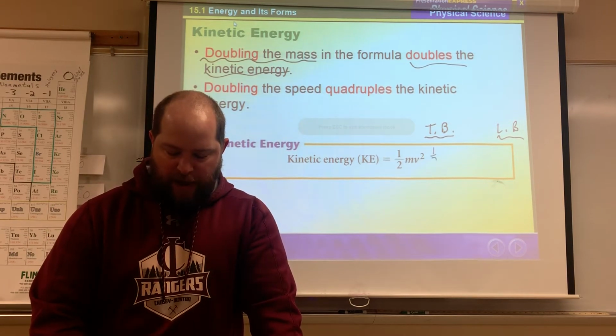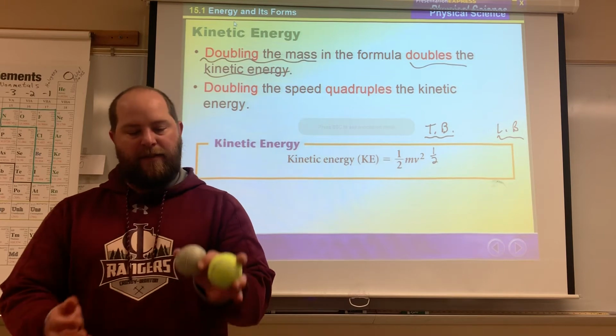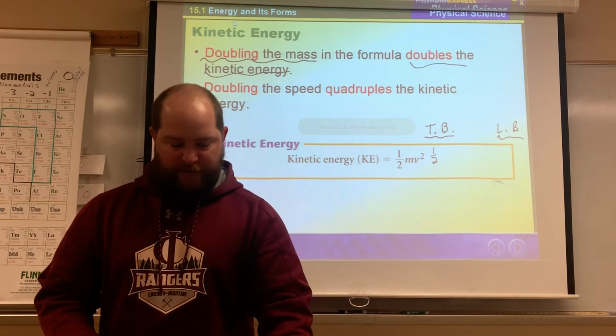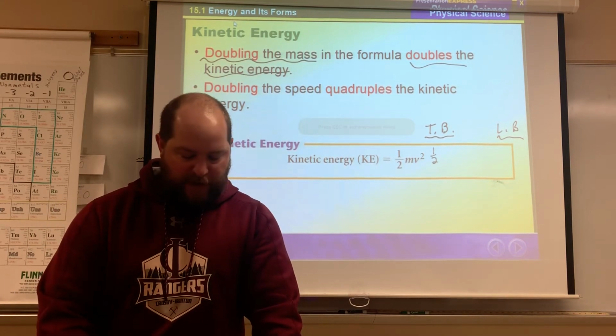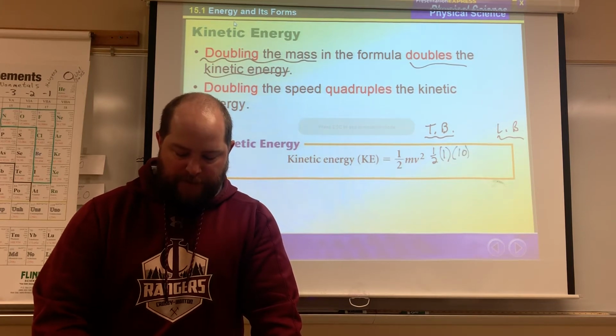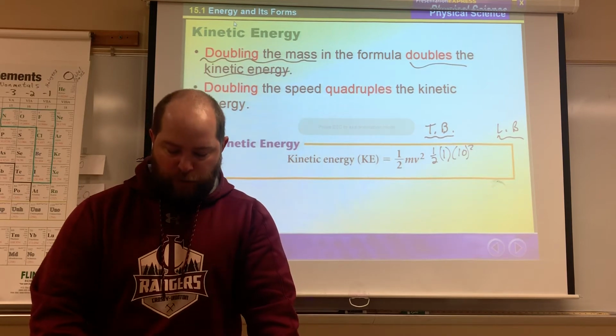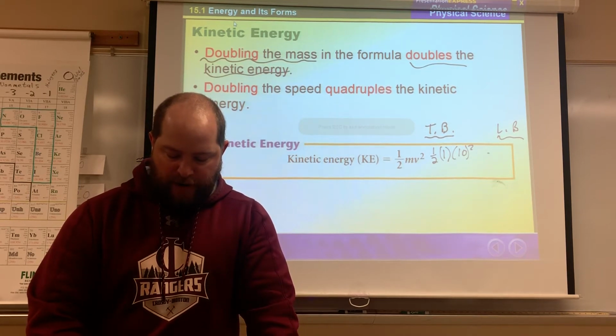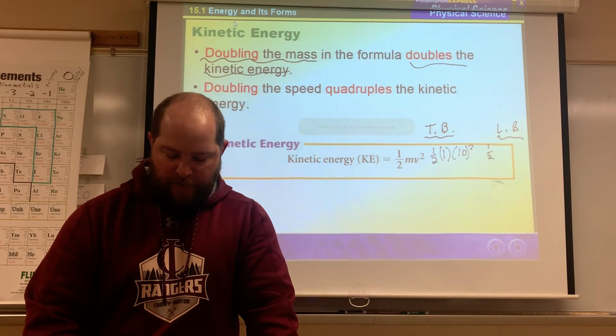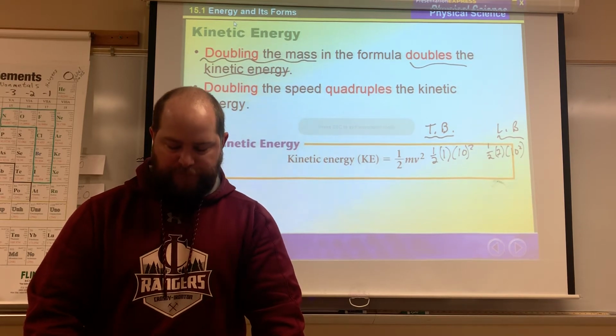Let's go 1/2, and let's say the tennis ball has a mass of, let's keep it simple, 1, because that's an easy number to work with, times 10 squared. Let's double the lacrosse ball, let's say 2. So over here, we'll say 1/2 times 2 times 10 squared.